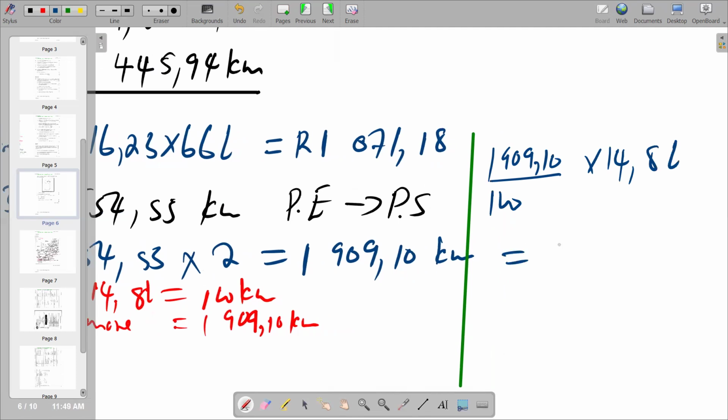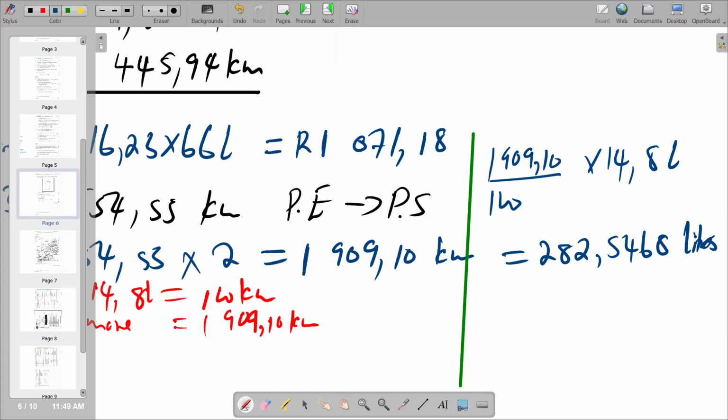So if you calculate like that, you are going to get your answer, which is 282.5468 liters. So this is what we have in terms of liters.